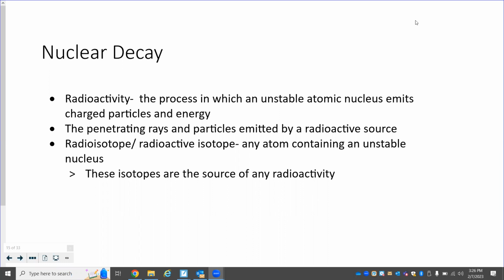So that leads us into radioactivity. This is the process in which one of those unstable atomic nuclei emits charged particles and energy. So the nucleus that's unstable or too big to hold itself together will break down into 2 smaller nuclei, or it'll give off particles to become smaller. And it will do this until it becomes a stable isotope.